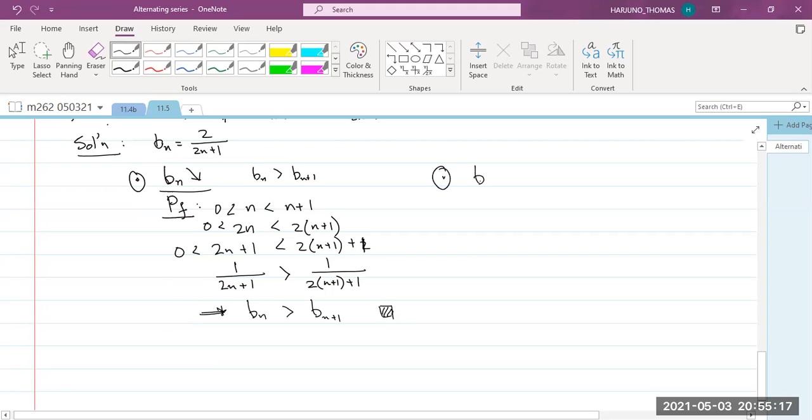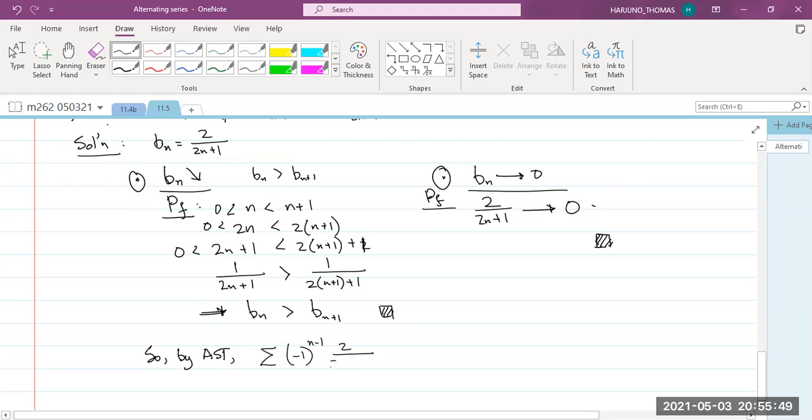Second, that B sub n converges to 0. Okay, 2/(2n plus 1). And this one is easy, right? It converges to 0. So by the alternating series test, this series, negative 1 to the n minus 1 times 2/(2n plus 1), is convergent.